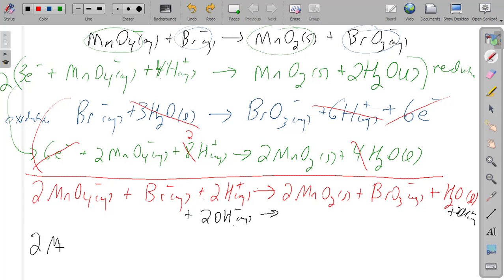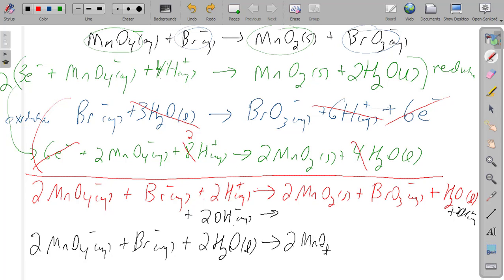So I'm going to end up with 2 MnO4 minus aqueous plus the Br minus aqueous plus 2 H2O liquid yields 2 MnO2 solid plus the bromate BrO3 minus aqueous plus H2O liquid plus 2 OH minus aqueous.